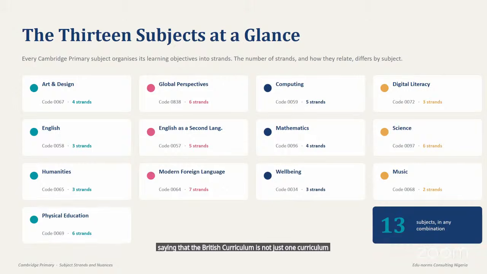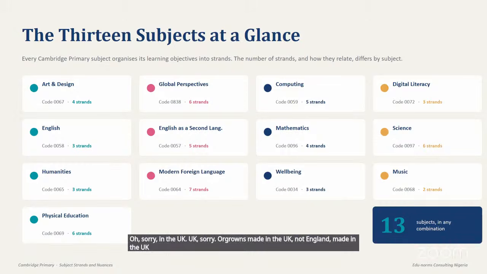It's a collective of curriculums made in the UK, not just England, the whole of the UK together.